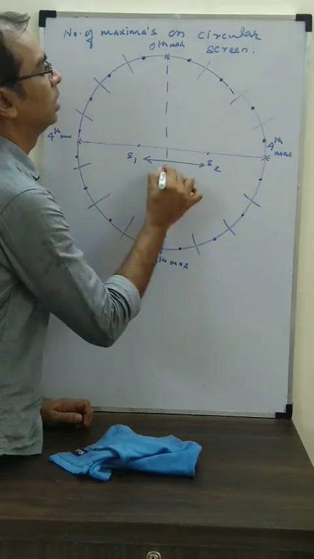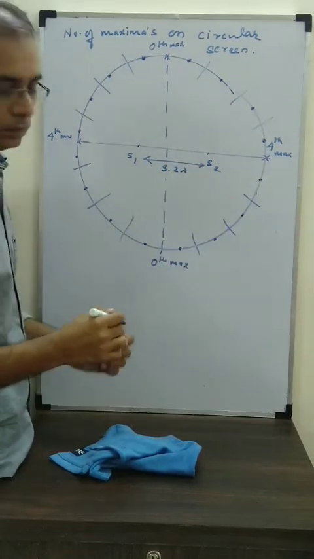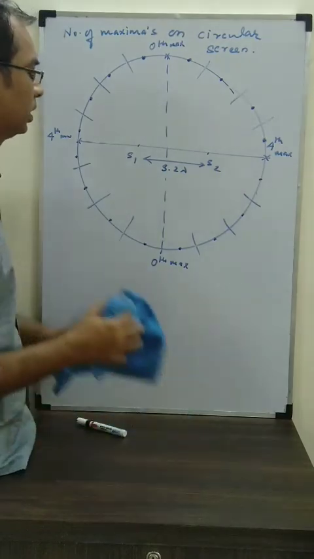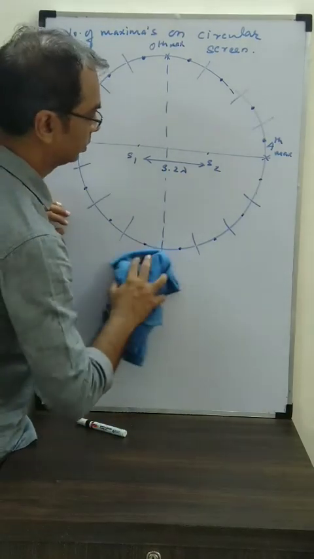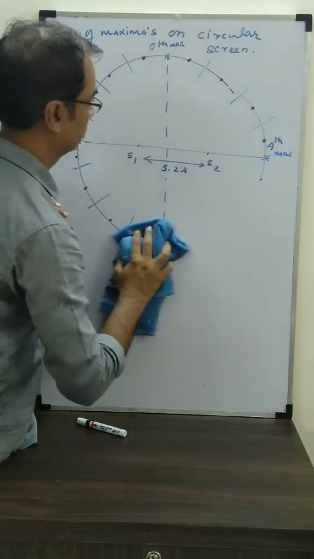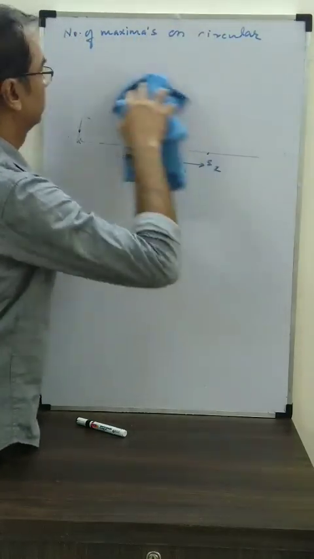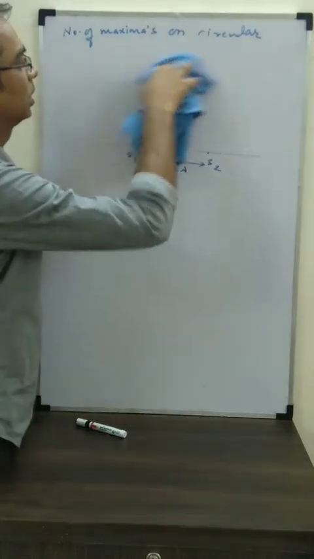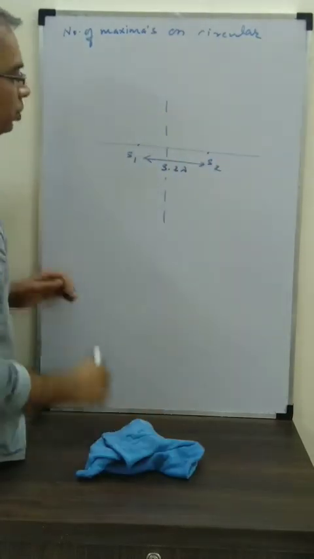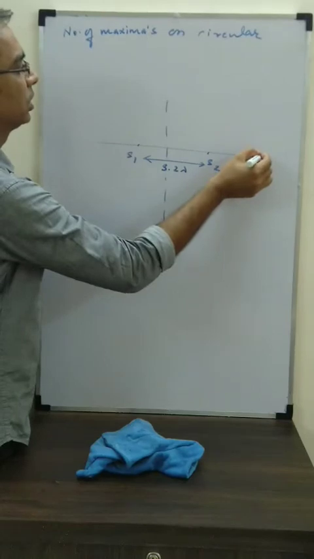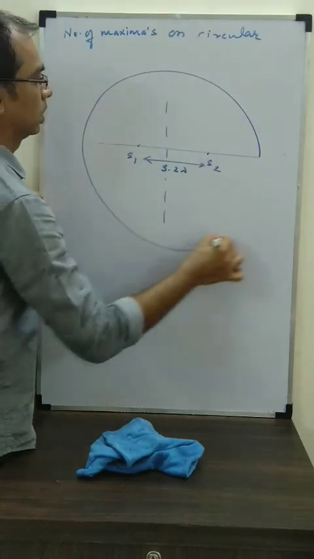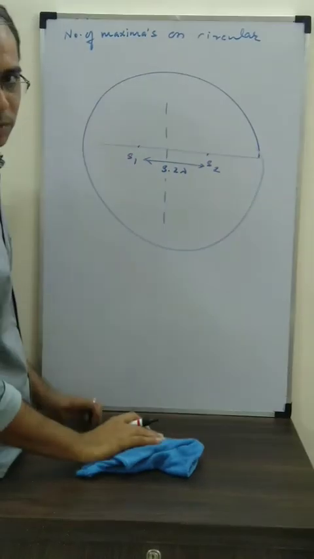I am going to write this as 3.2 lambda. If it's 3.2 lambda, then what's going to happen? Circular screen, same question. No change in the question. Only thing is the gap between the two sources is 3.2 lambda. So what will be the change? How many will be the number of maximas and how many the number of minimas?